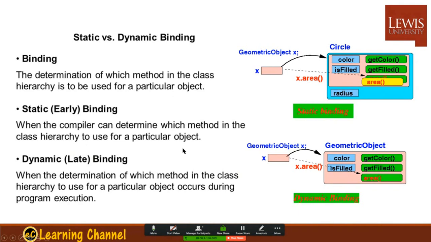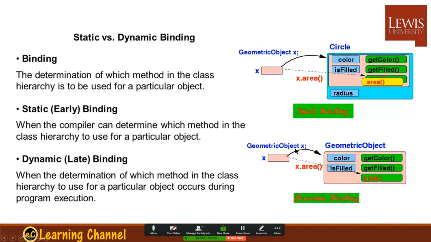For example, if there is no polymorphism involved, the compiler will use static binding. And when there is polymorphism involved, you need to call a polymorphic method, then dynamic or late binding will be used. For example, right here, for a geometry object, we may have different versions of the area.